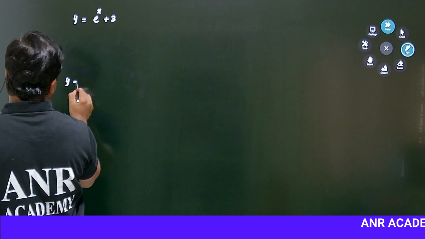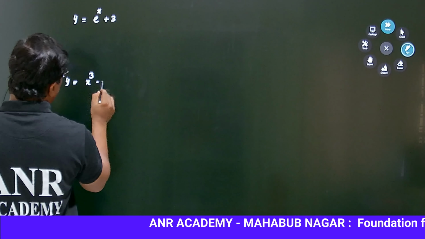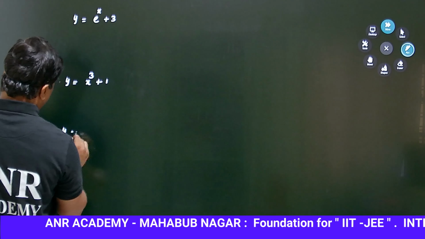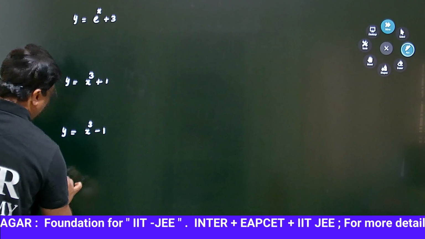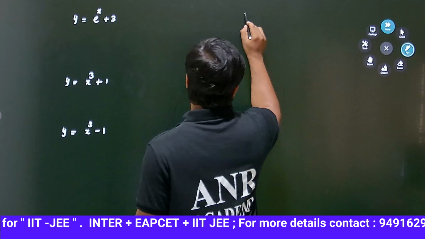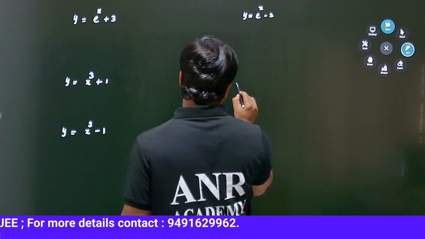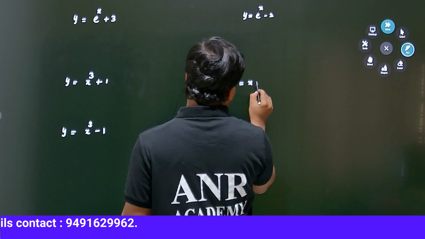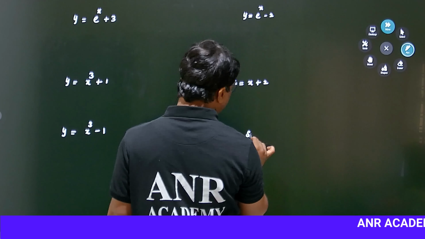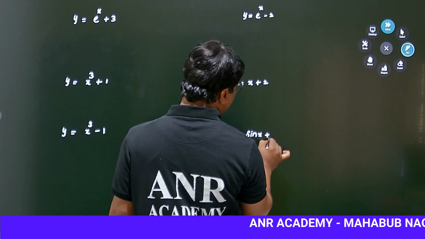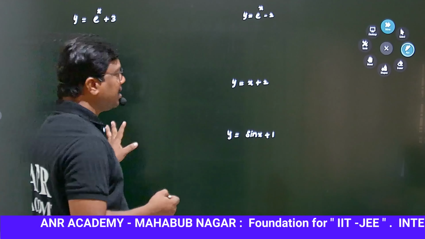Next question, draw the graph of y equal to x power 3 plus 1, y equal to x power 3 minus 1, and the graph of y equal to e power x minus 2, y equal to x plus 2, y equal to sin x plus 1. See the graphical transformations in all these cases.